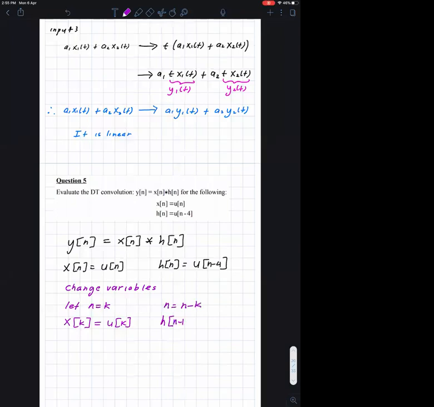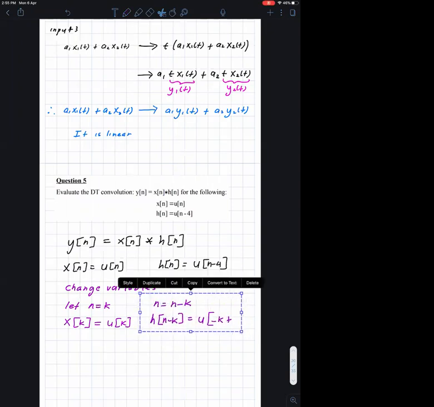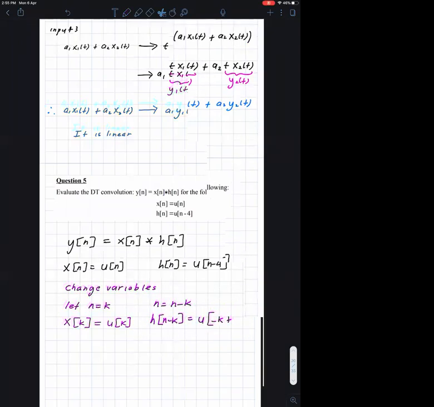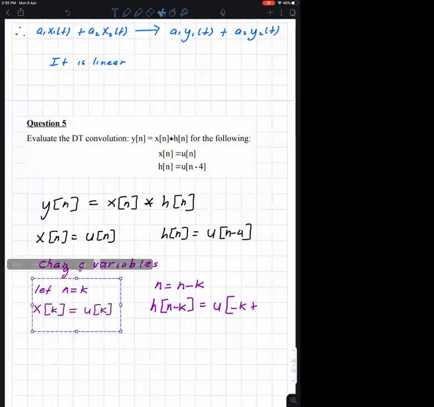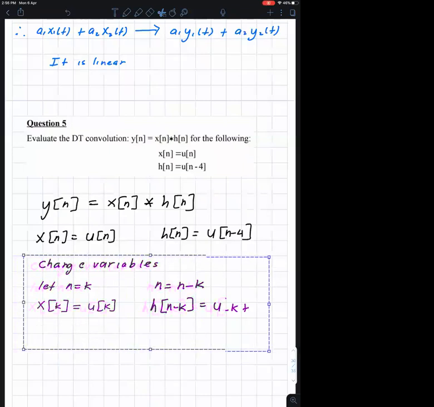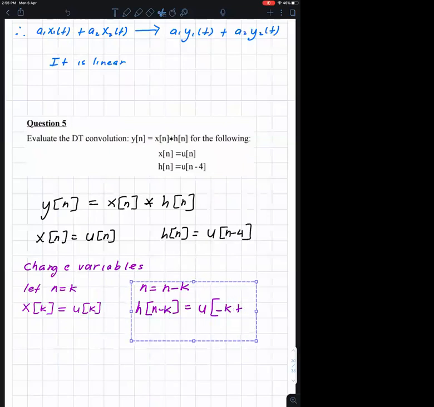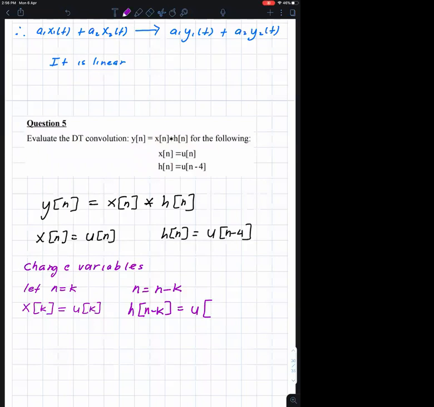Therefore h[n minus k] is going to be u of n minus k minus 4. You're replacing n with n minus k, the same as minus k plus n.